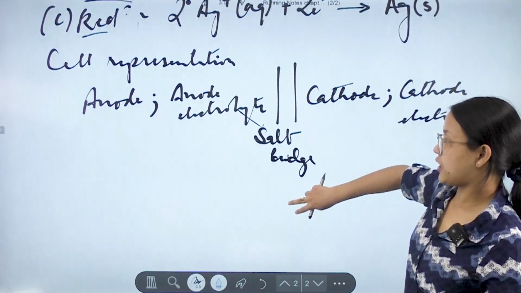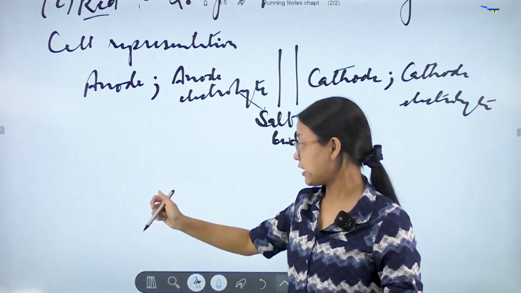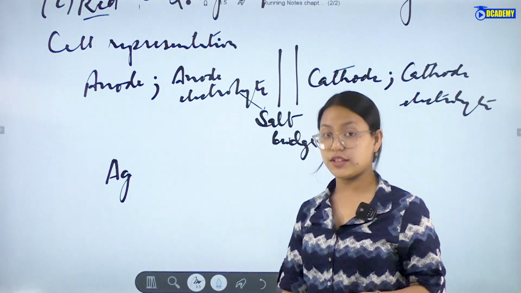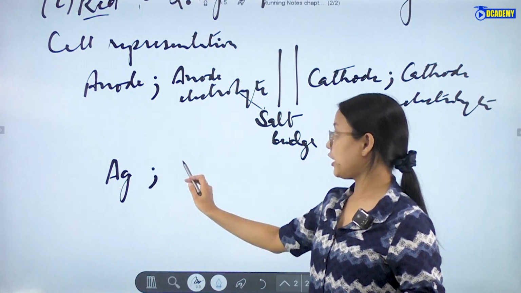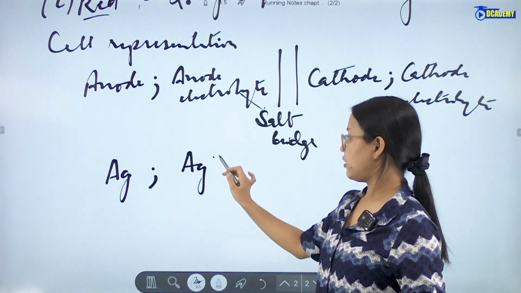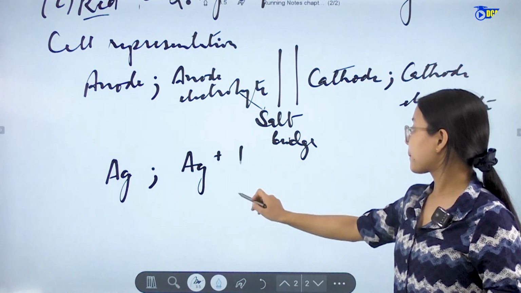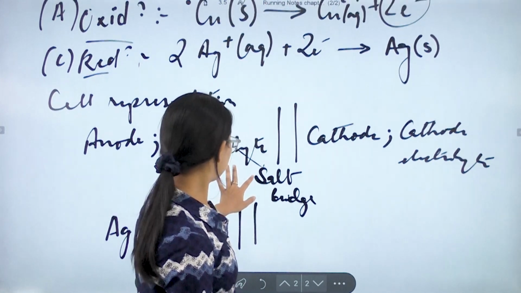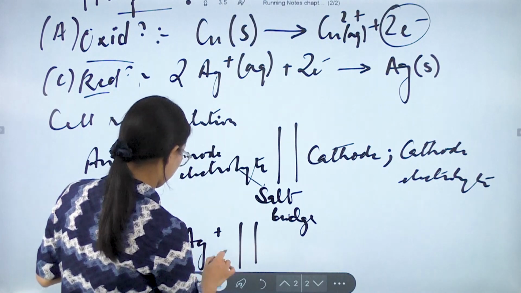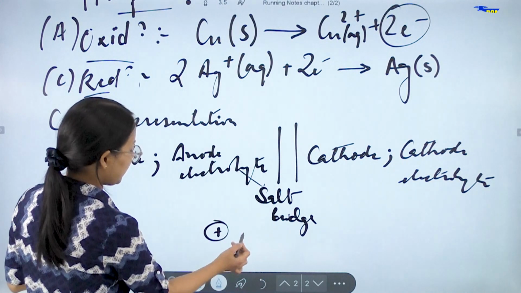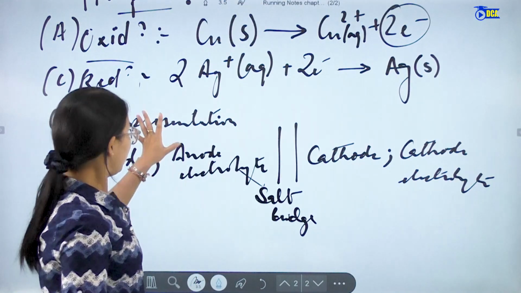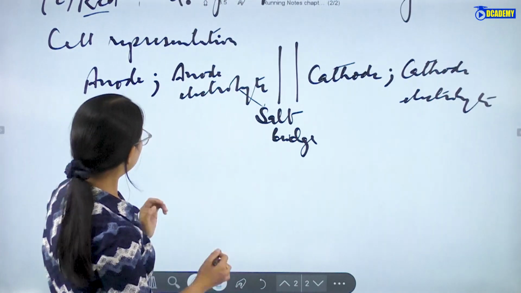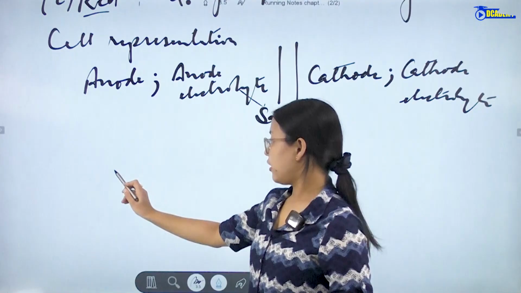In the cell representation, the anode is where oxidation occurs, so it will be copper.